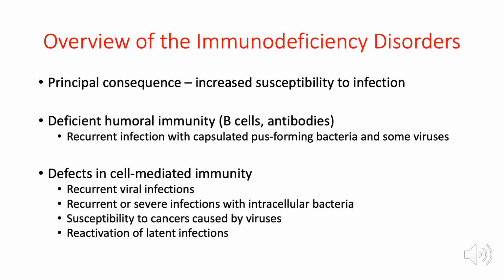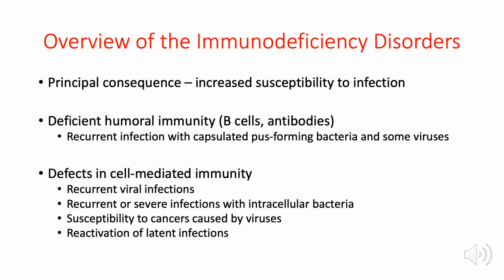Immunodeficiency disorder involving the B cell or the humoral immunity would present with recurrent infections with capsulated pus-forming bacteria and some viruses. Why? Remember, capsulated bacteria are best dealt with by opsonization. And one of the known opsonins is IgG.